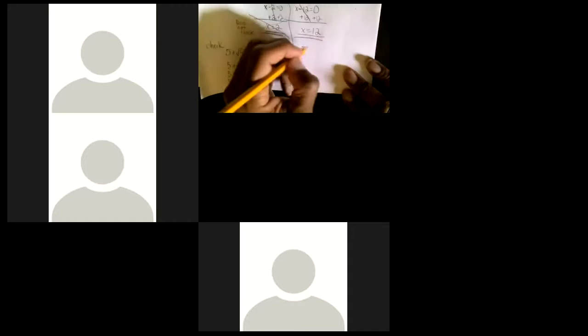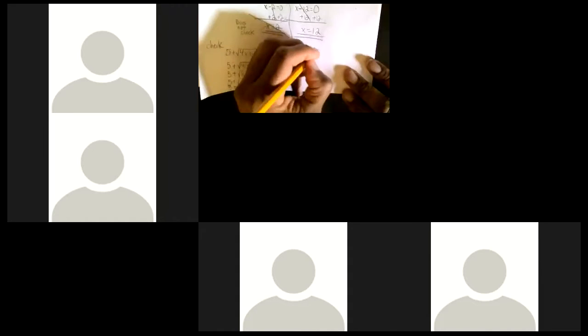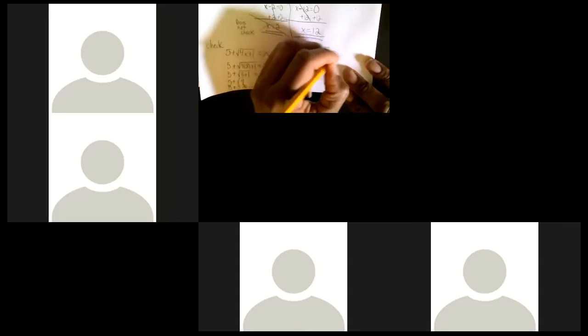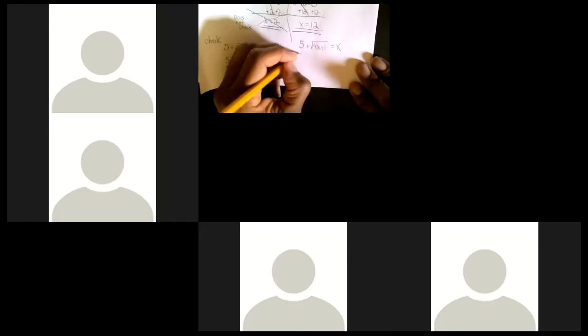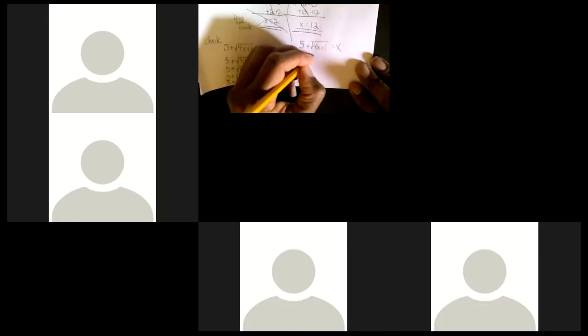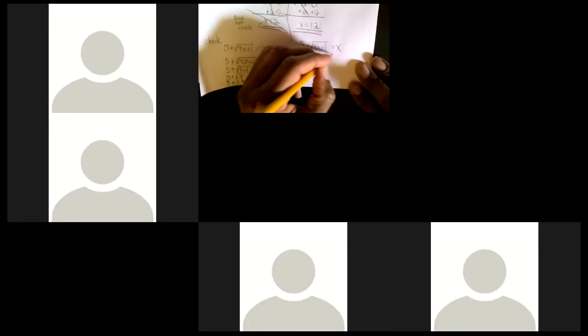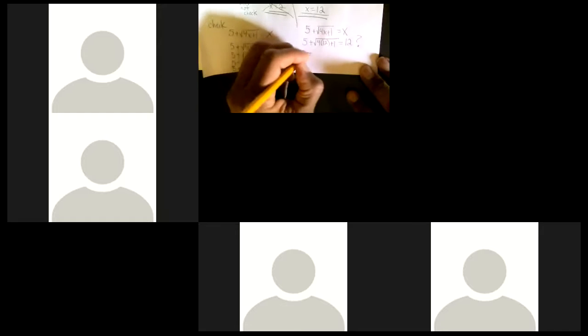And since we have another answer, we have to do the same thing with the second answer. So I'm going to rewrite the original equation. Now we'll replace the x's with 12. So 5 plus the square root of 4 times 12 plus 1. Does that equal 12? Well, this is 48 plus 1.